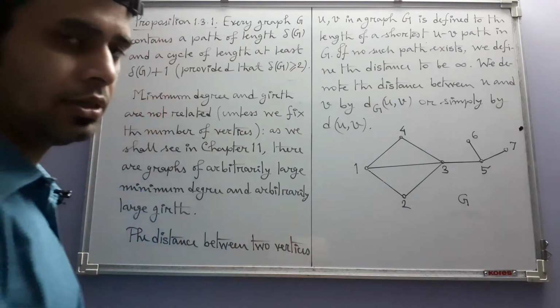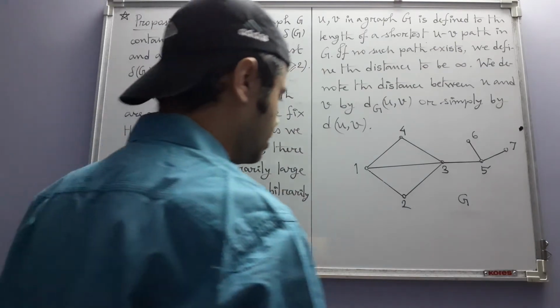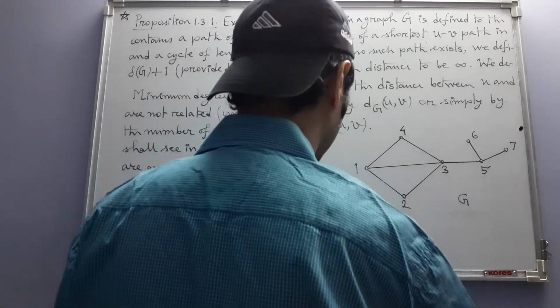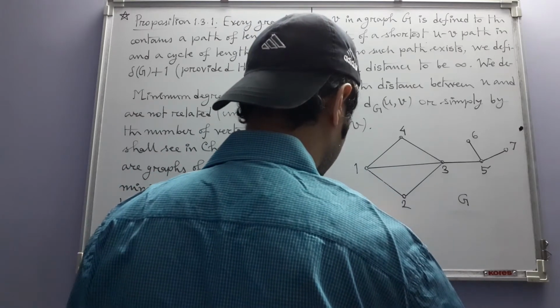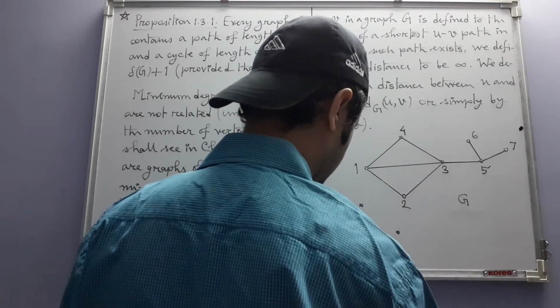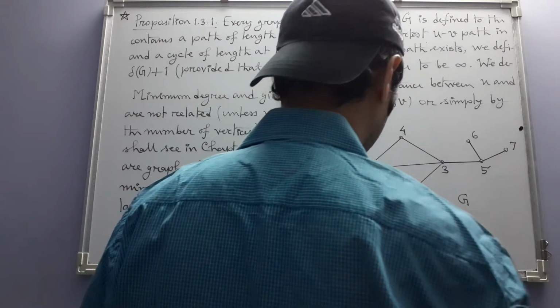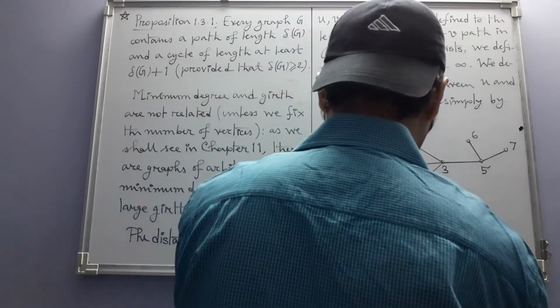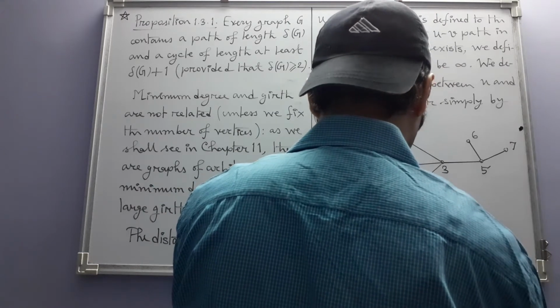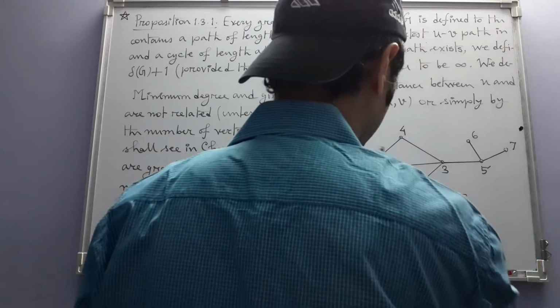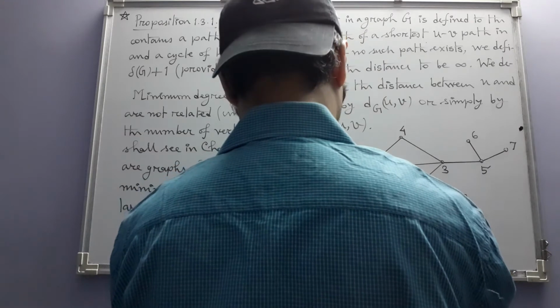Suppose this is G, whereas let's draw another graph H, which is just like G with only one difference. In H, 1 and 3 are not adjacent.